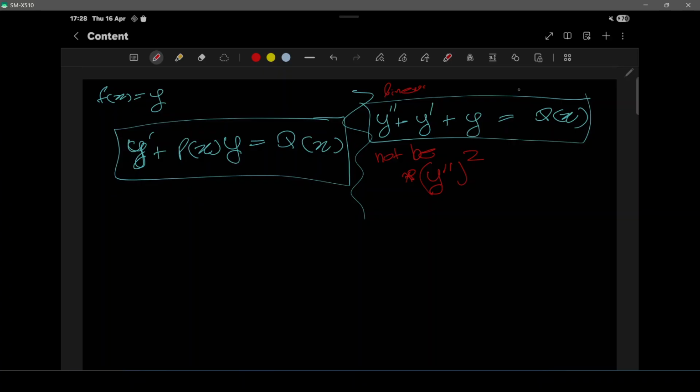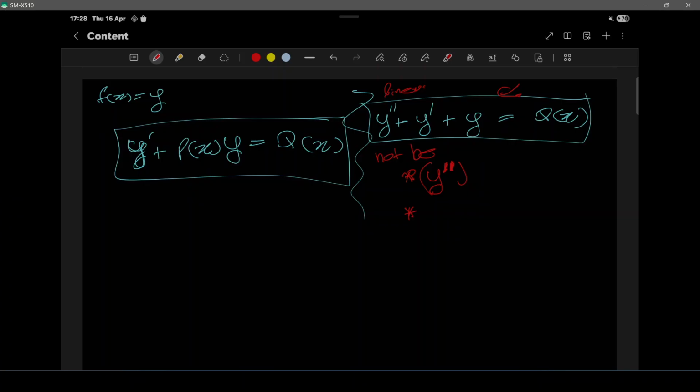In this example the order is 2, so I'm not considering it a first order linear differential equation. For a first order linear differential equation, the order should be 1. Order means the highest derivative. Here the highest order is 2 by y double dash, and its power is 1.